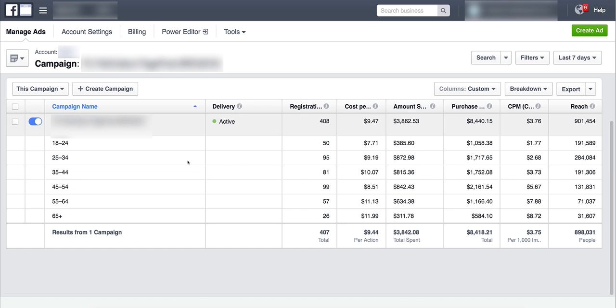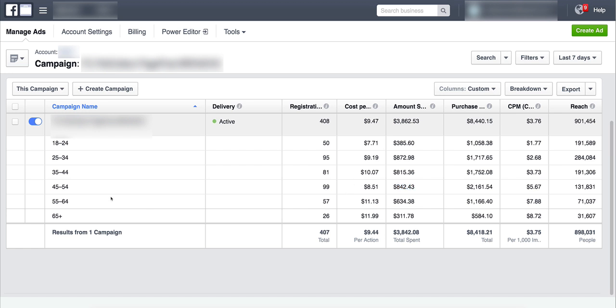So these are close to one another. But look at this, the 45 to 54-year-olds. All of a sudden, it's like a little nugget in between 2 age groups where it's actually my second best converting age group. I spent $800 to generate $2,100. It's converting better than these 2 age groups right here.